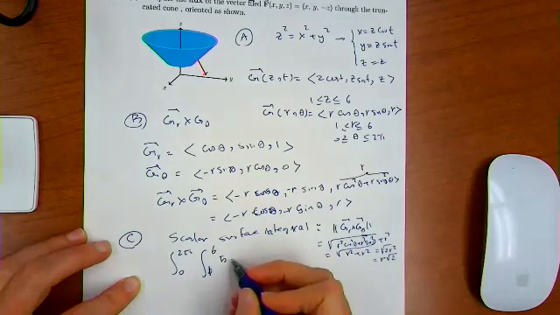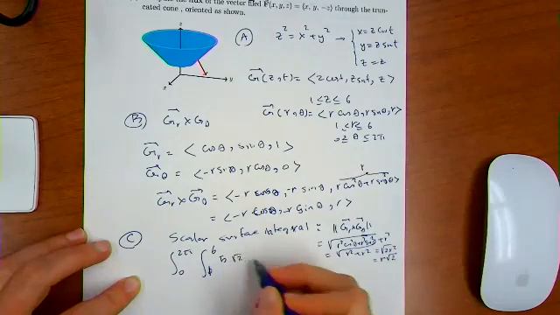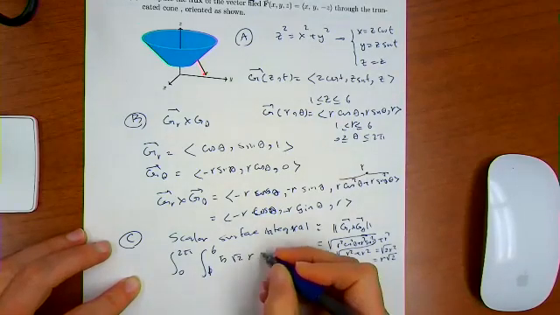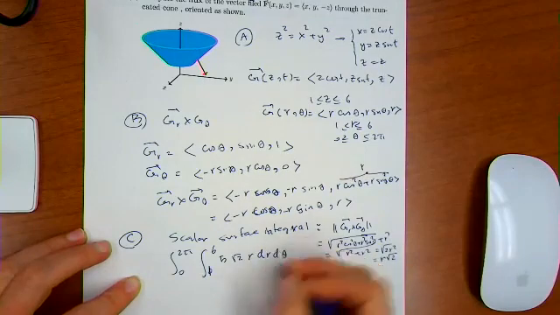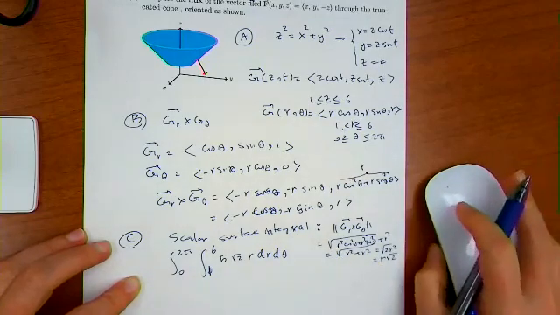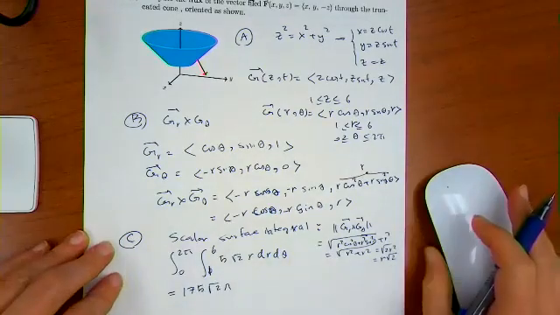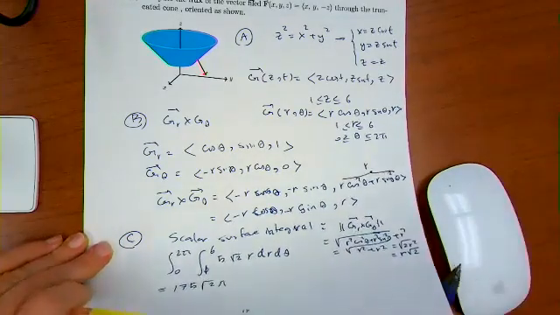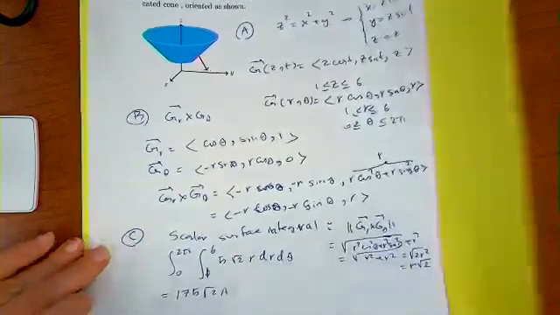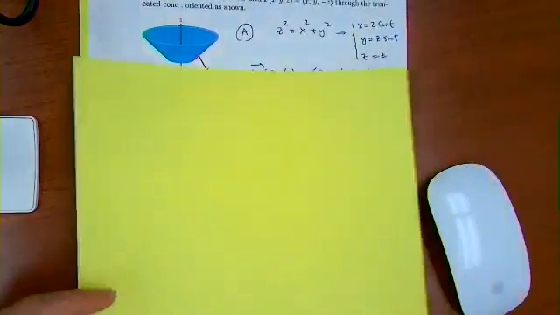I get square root of 2 times r, and then dr d theta. And then I compute this, and it's going to be 175 square root of 2 pi. So that's all good. Let's try to do the last part.